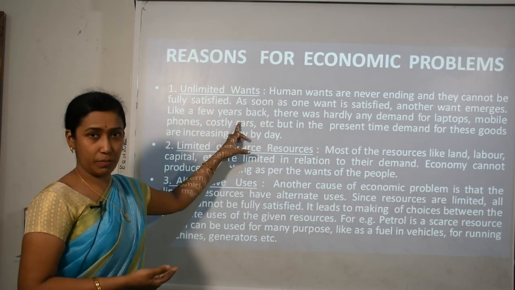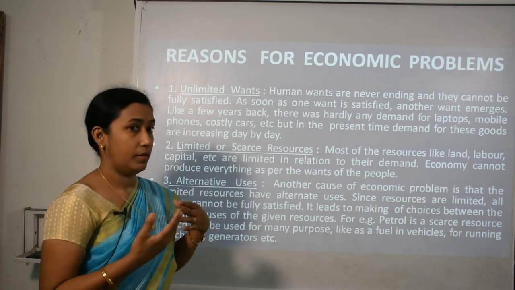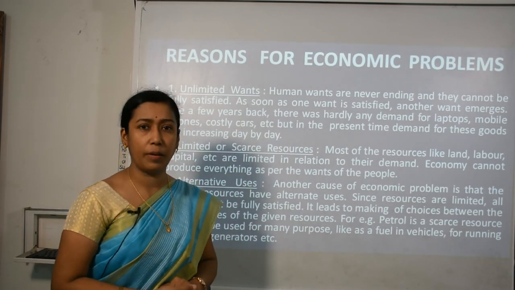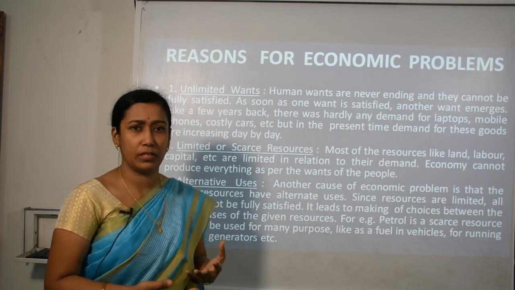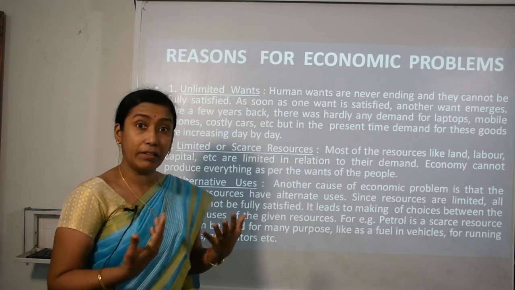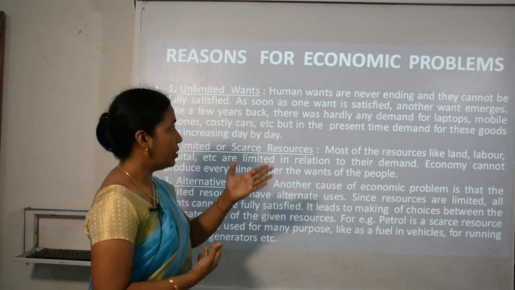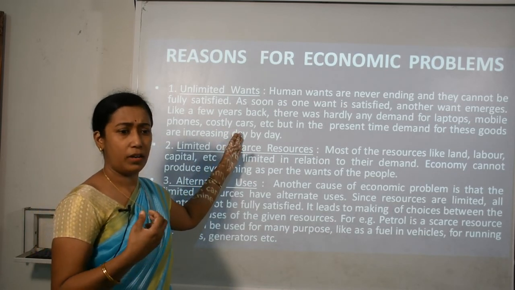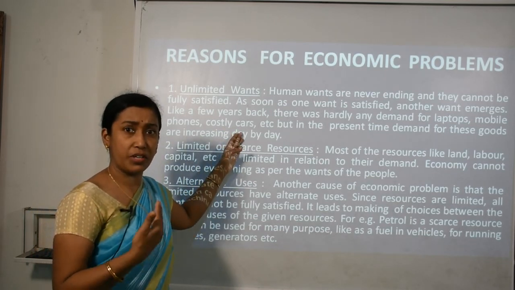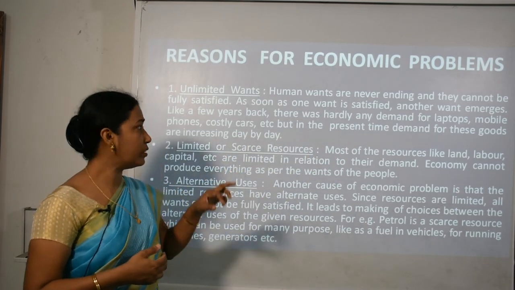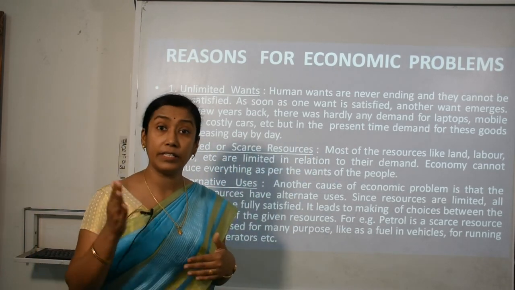A few years back, there was hardly any demand for laptops, cell phones and all such things. But now, in the present time, there is an increase in demand for laptops, mobile phones, costly cars, luxurious products, fashionable clothes, etc. Demand for these goods is increasing day by day.